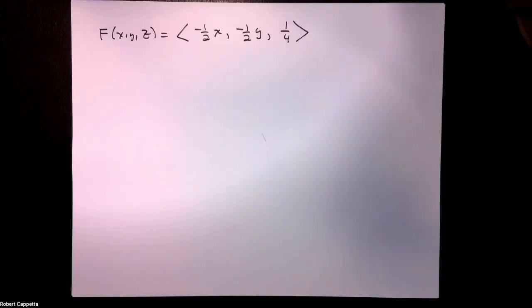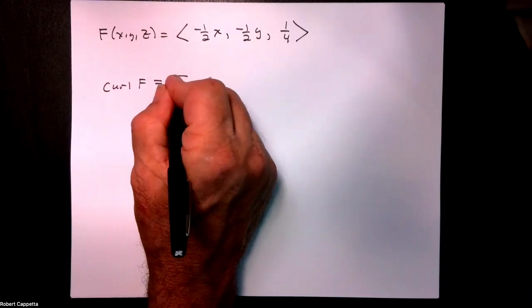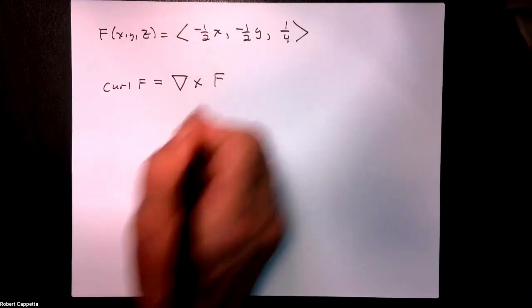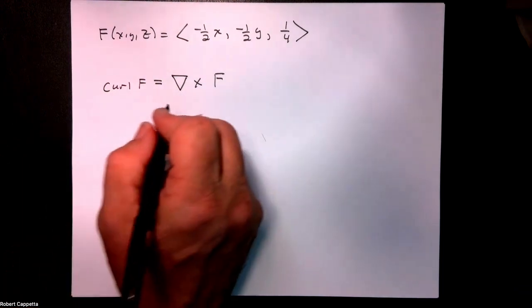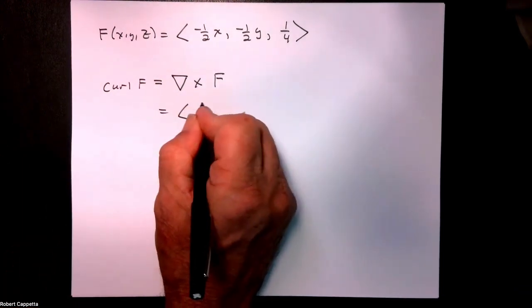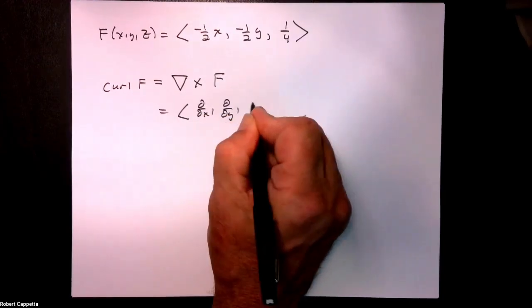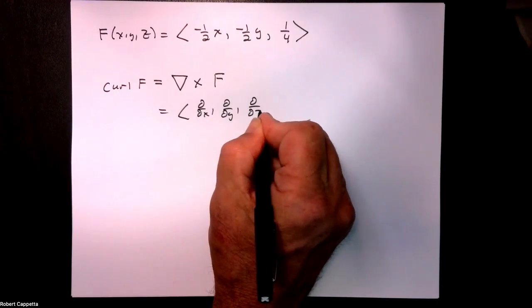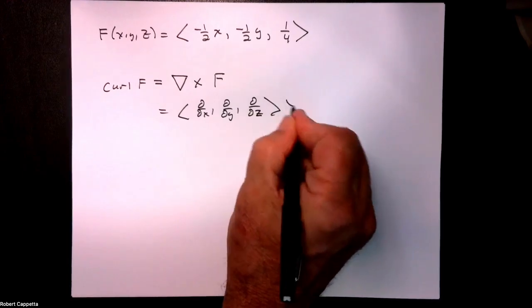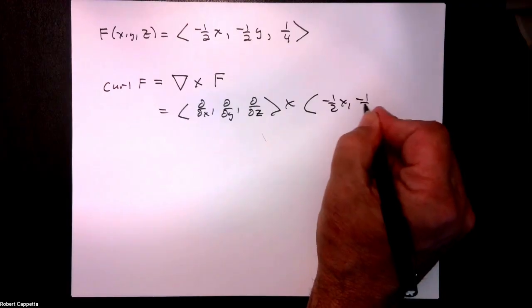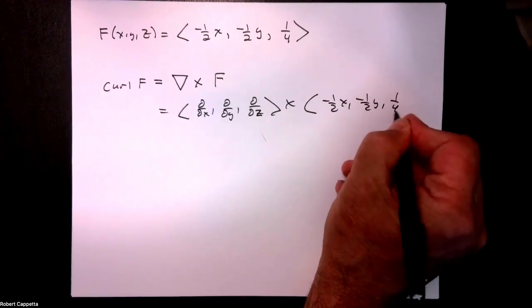So here's my vector field, and I'm interested in the curl of that vector field. And we remember that is the gradient operator crossed with the vector field F. The gradient operator is, of course, partial with respect to x, partial with respect to y, partial with respect to z, crossed with F here, negative 1/2 x, negative 1/2 y, 1/4.